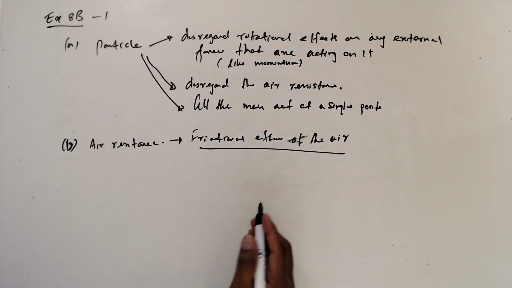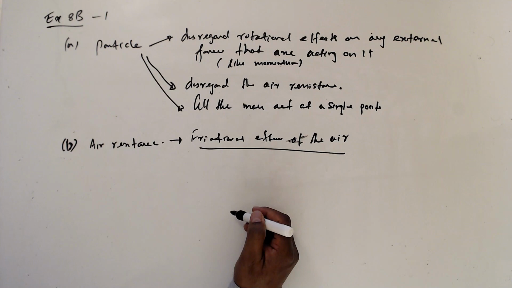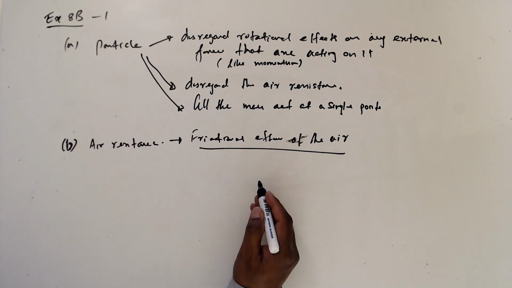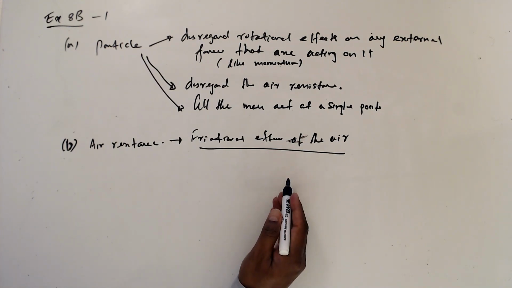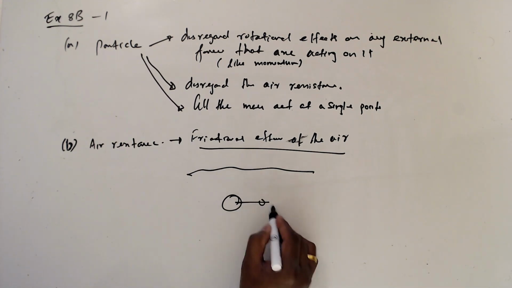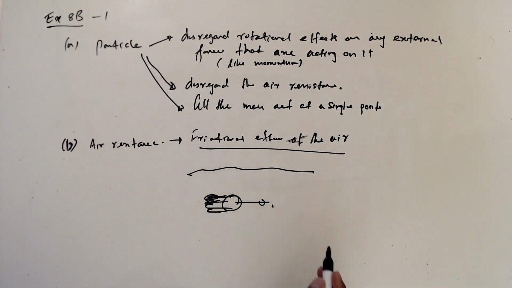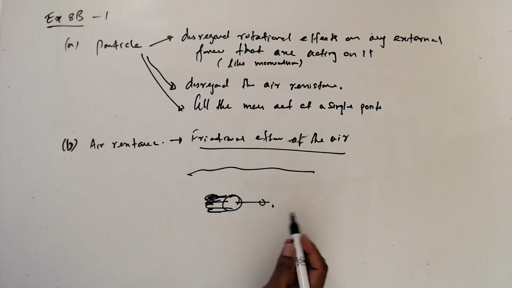The frictional effect is the force acting opposed to the moving direction due to the media, maybe the water, or the liquid, or the air, or the surface. If we drag a ball underneath the water in this direction, then there's a friction due to the water in the opposite direction. That is water resistance due to the motion.